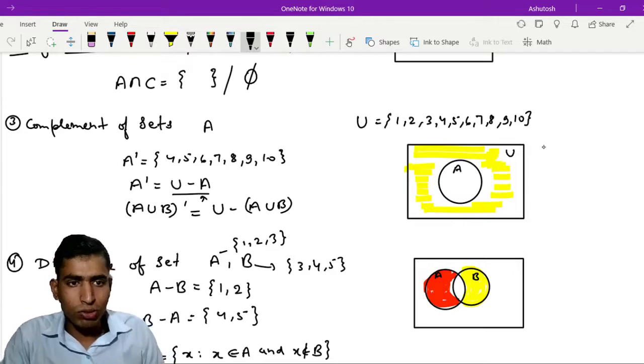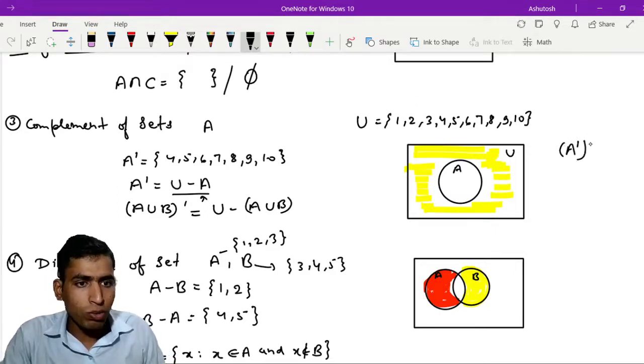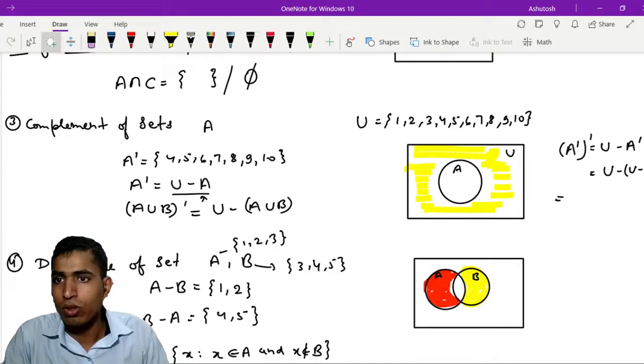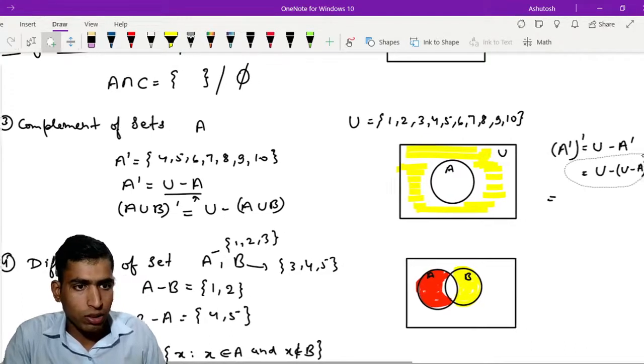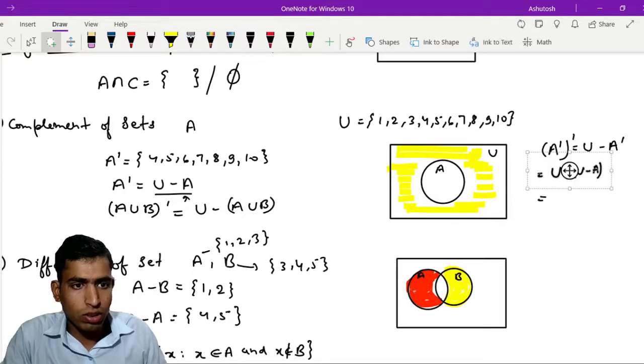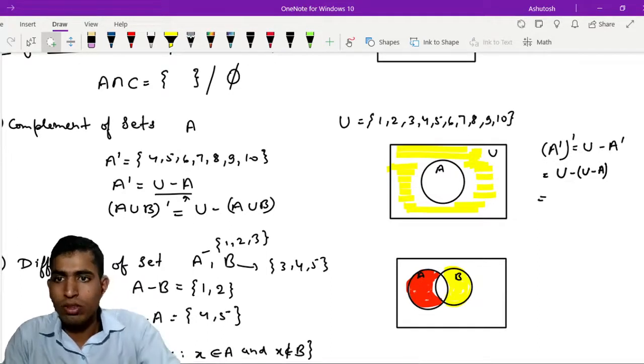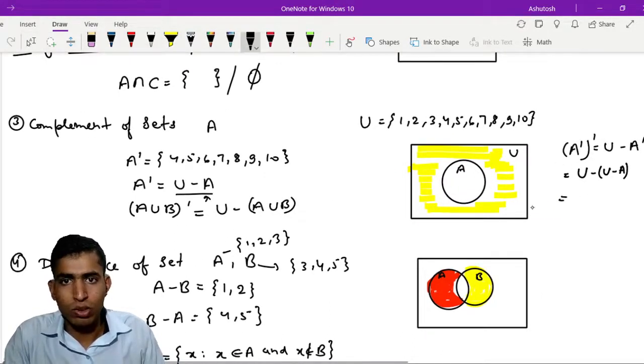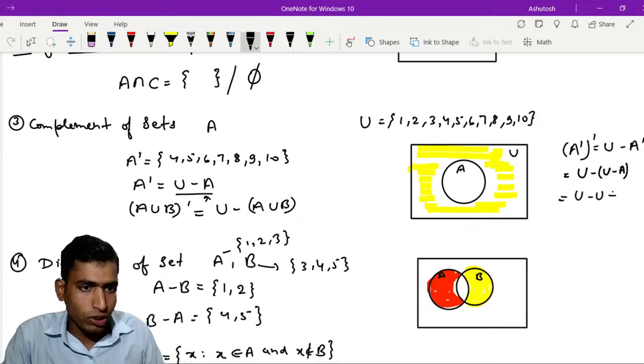From this I would like to tell you one more thing: what if I take A dash of dash, so it is U minus A dash. And what is A dash? U minus A. Now you will see that U minus U plus A, so they cancel each other out.